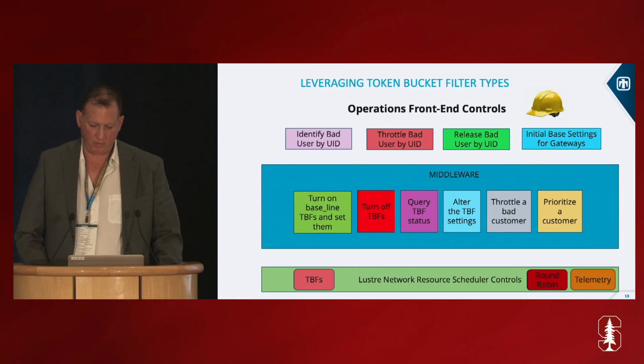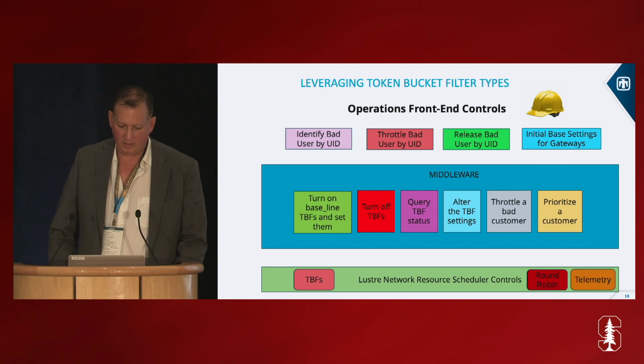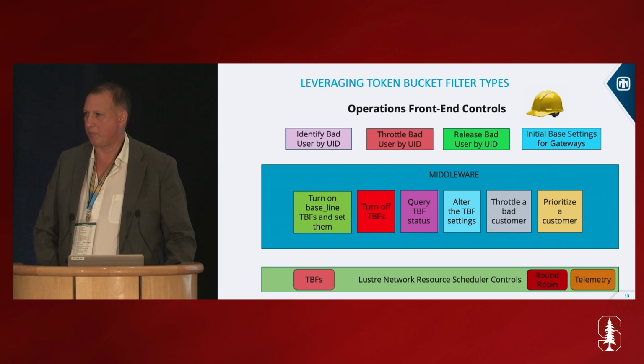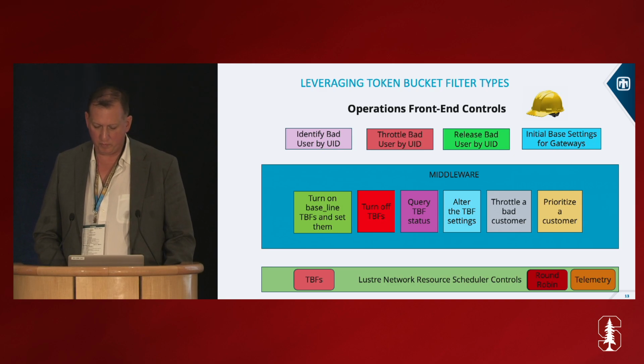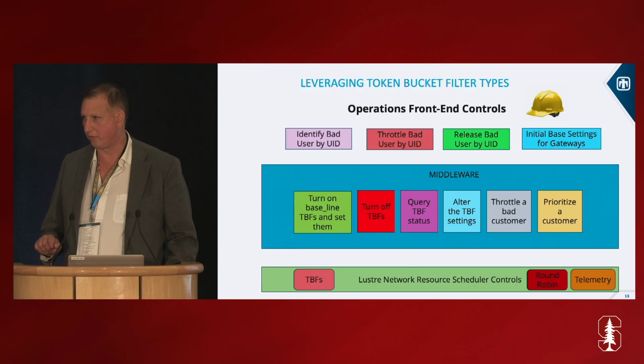So we wrote a lot of code to front all this. The base controls are not that complicated. Again, everything's built into the file system, but what I wanted to do was make it so that we could easily control those rates.